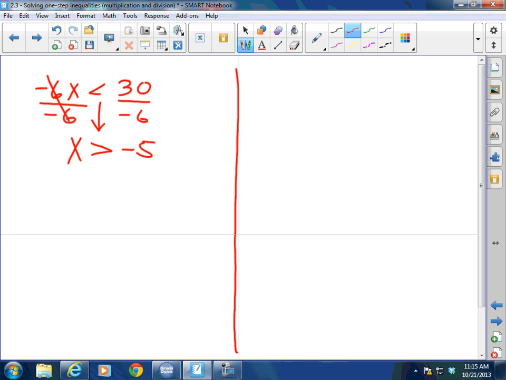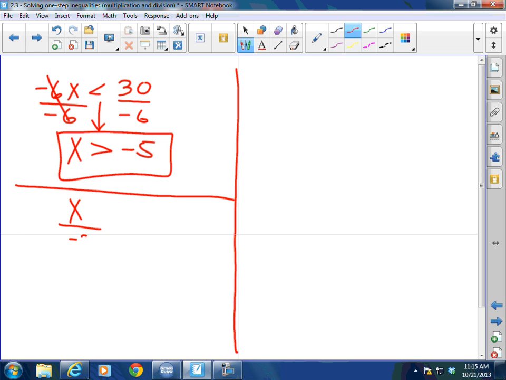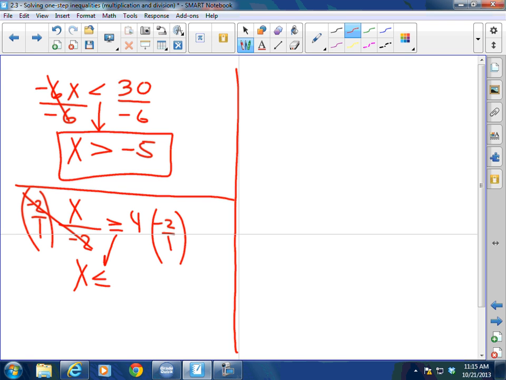If I have to multiply by a negative, say x divided by negative 2 is greater than or equal to 4, I'm going to multiply by negative 2. Since I multiplied by a negative 2, I flip the inequality sign, and now I have x is less than or equal to negative 8.